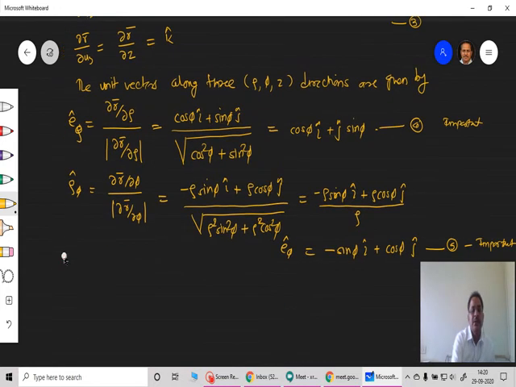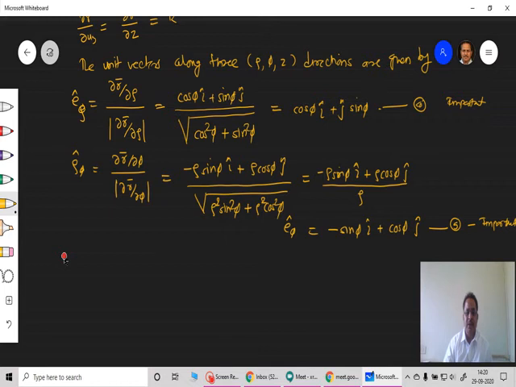And as we have seen, the third unit vector, E z cap, is equal to delta r bar upon delta z divided by the modulus of delta r bar upon delta z. This was simply the vector k cap, and its modulus is 1, so it is simply k cap, and that is my equation number 6.